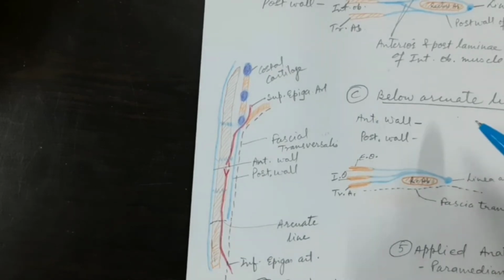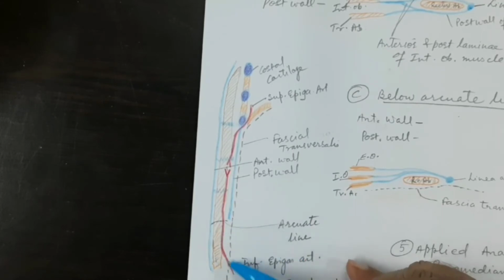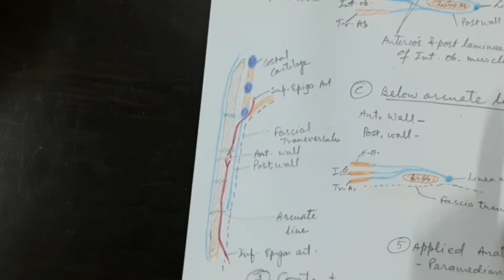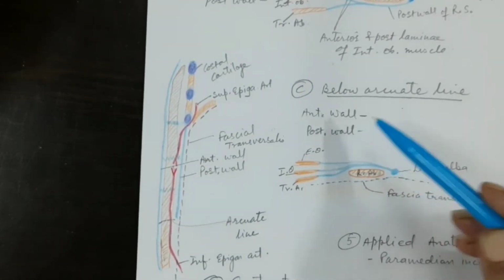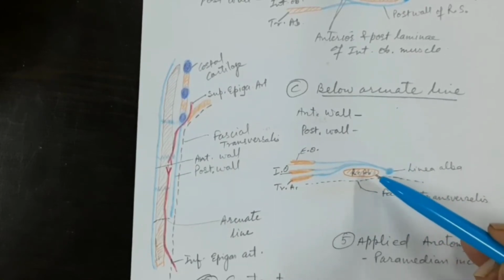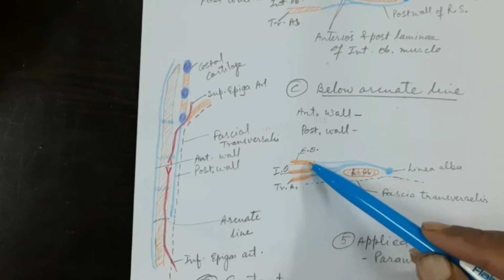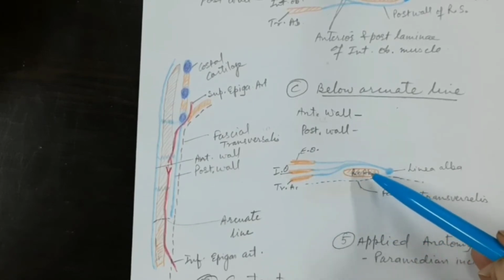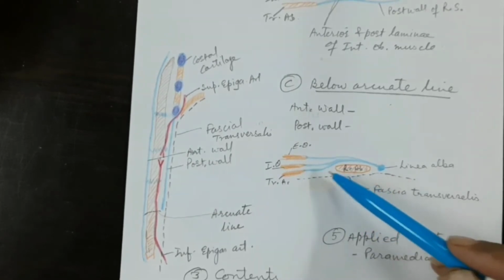Let us now come to the region below the arcuate line. So how is the rectus sheath formed below the arcuate line? Let us see the anterior wall of the rectus sheath below the arcuate line. Here it is formed by the aponeuroses of the three muscles, external oblique, internal oblique, and transversus abdominis.